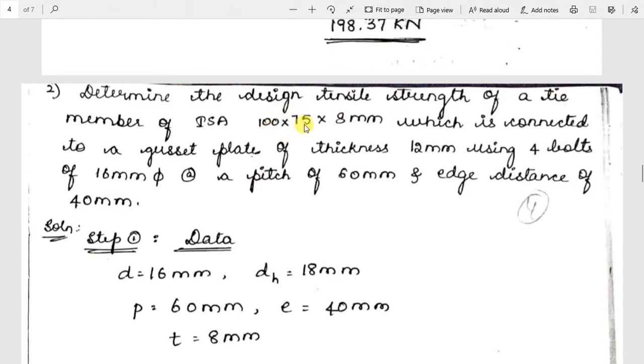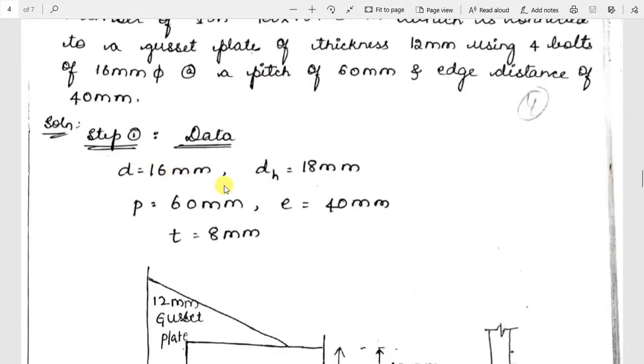So 100 and 75 show the length of angle legs, and this value indicates the thickness of the angle leg. So ISA 100 75 8 mm is used as a tension member here, which is connected to a gusset plate of thickness 12 mm using 4 bolts of 16 mm diameter at a pitch of 60 mm and edge distance of 40 mm.